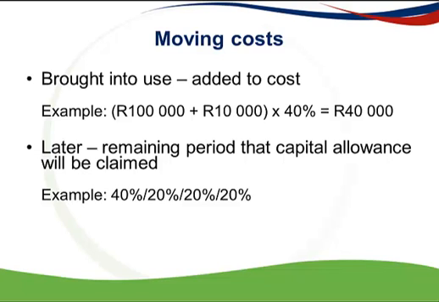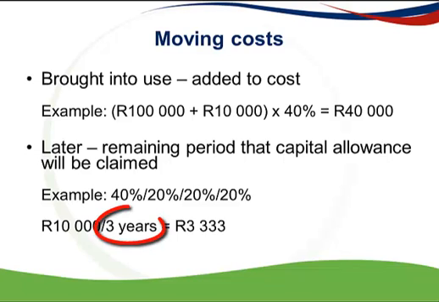Let's assume the moving cost of this asset was incurred in the second year. Then you can see that there are 3 years left that this asset can be claimed over. That's why I will claim the 10,000 moving cost over 3 years, divided by 3 years. So the total amount will be claimed over the remaining period that this asset is claimed for capital allowance purposes.